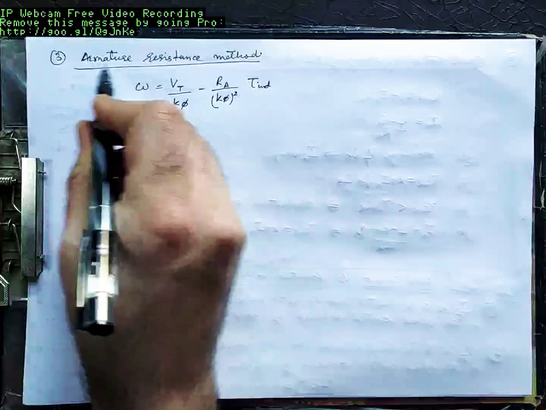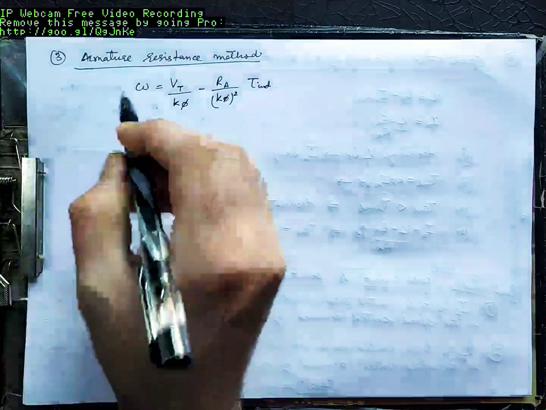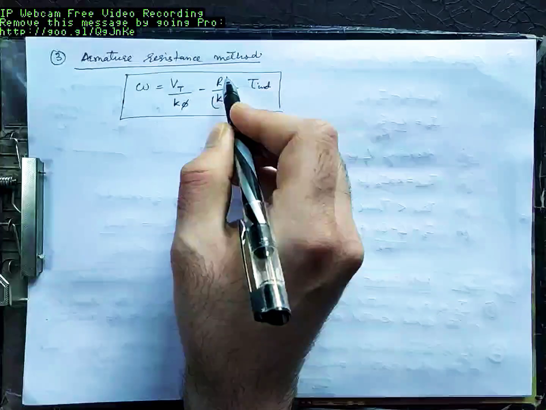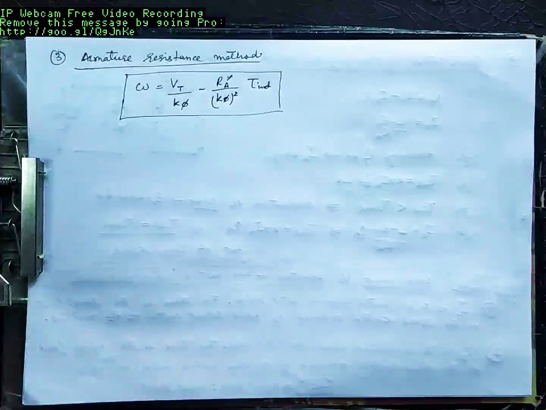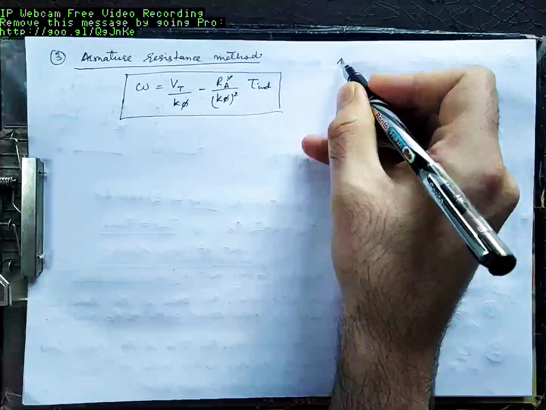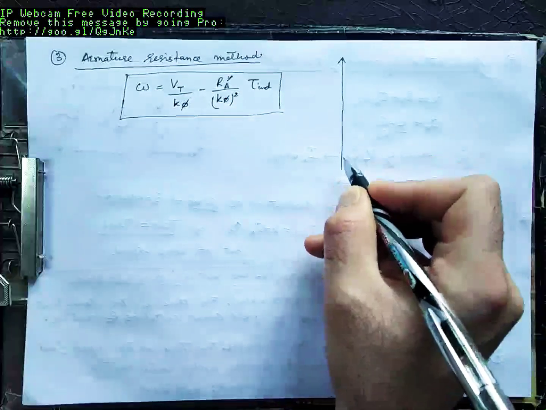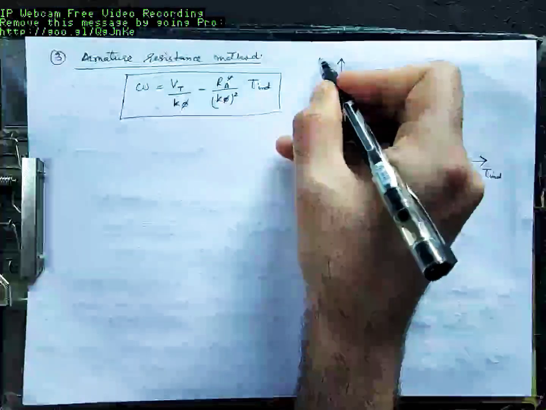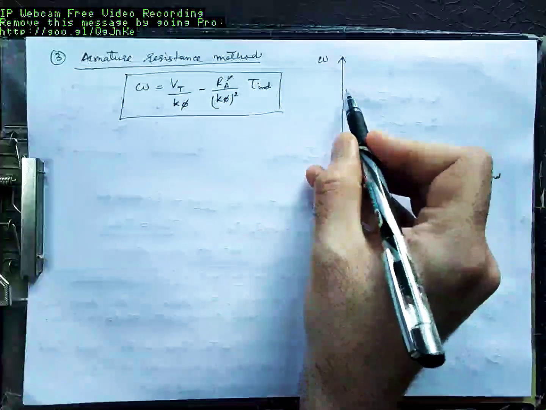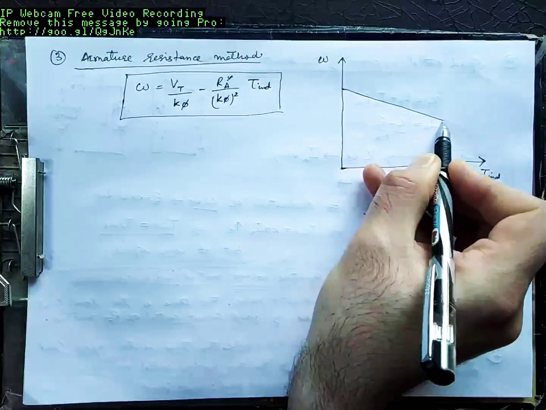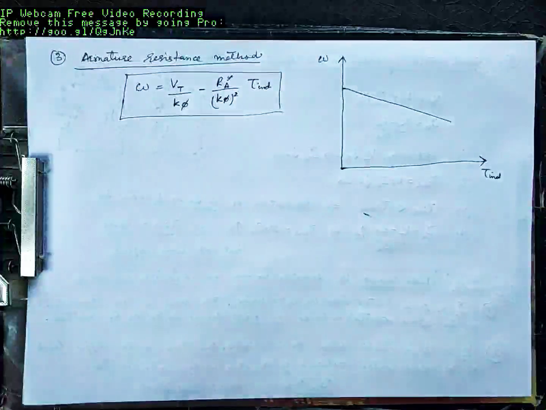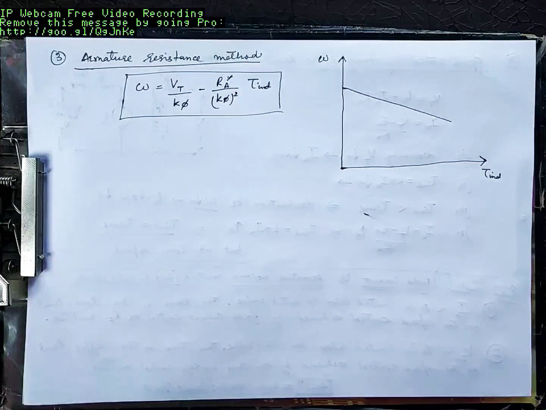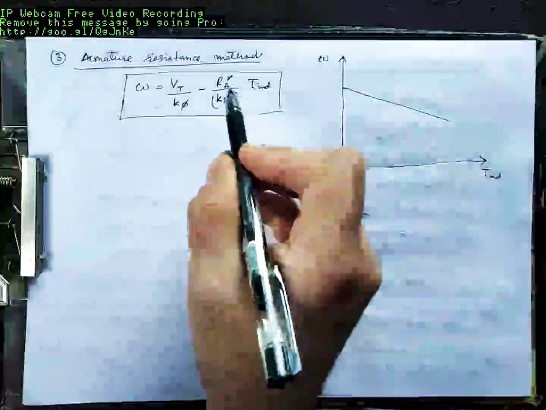By the armature resistance method, Ra is present here in the slope. That means if this is tau induced and this is omega, this is the curve of the terminal characteristic of a shunt DC motor, omega versus tau induced, where the slope is given by Ra by k phi square.